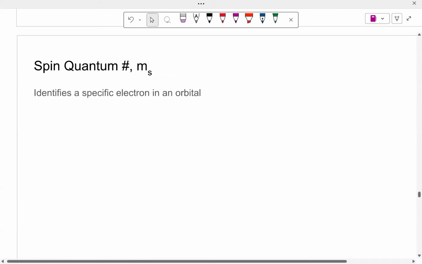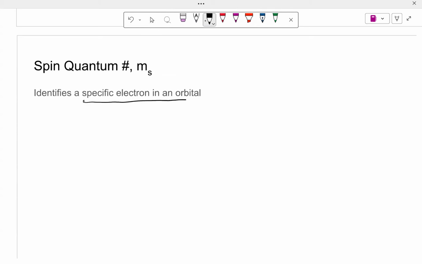All right, and then finally, the spin quantum number, or M sub S, identifies a specific electron in an orbital. Now, M sub S can only have one of two values. It's either +1/2 or -1/2. And I know this is called a spin quantum number.